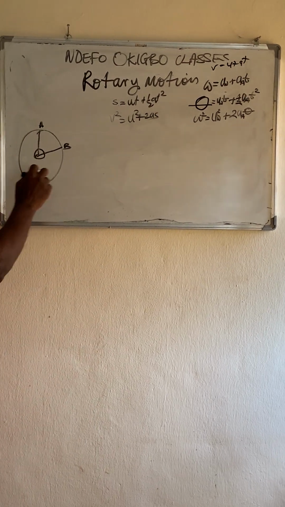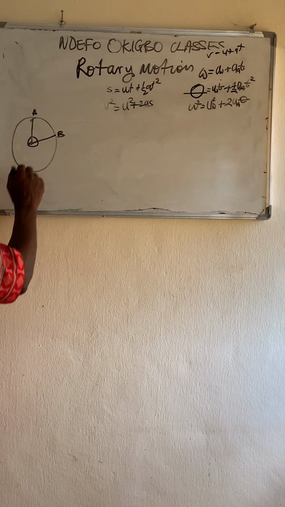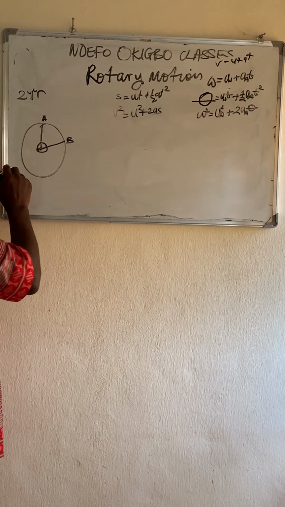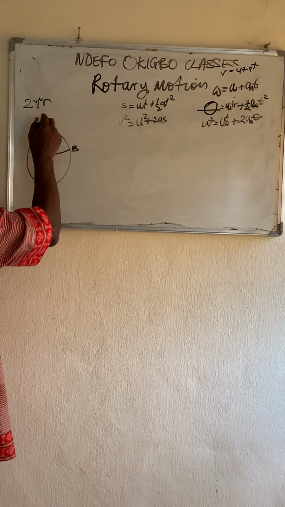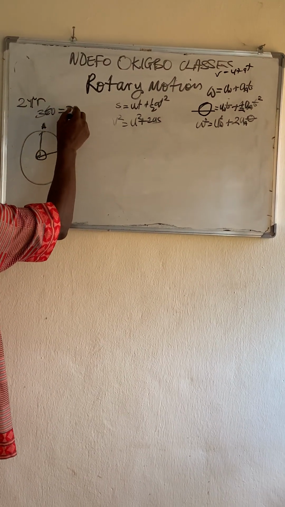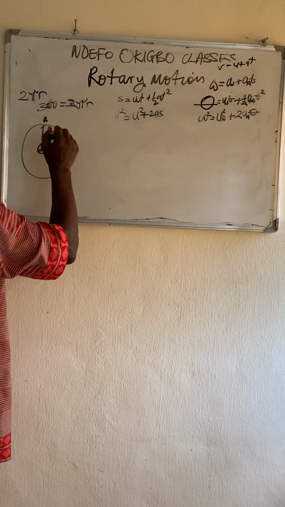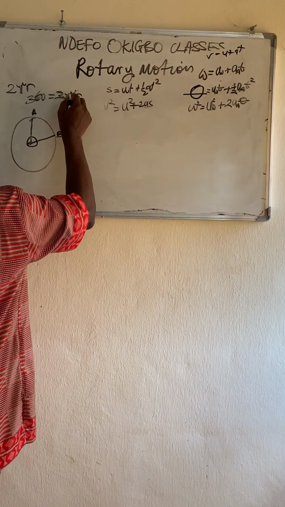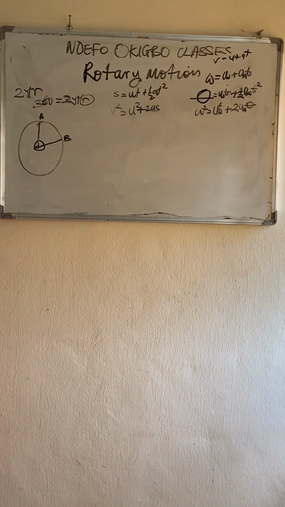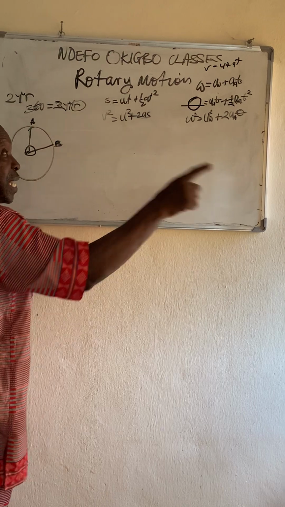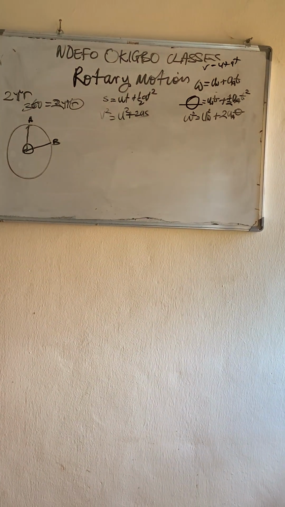And in length, what we have covered is the circumference of the circle, which is 2 pi r. So that means 360 degrees in angles is equal to 2 pi r in length. And we now take the r, which is the radius, as the unit. That unit, we call it radian.